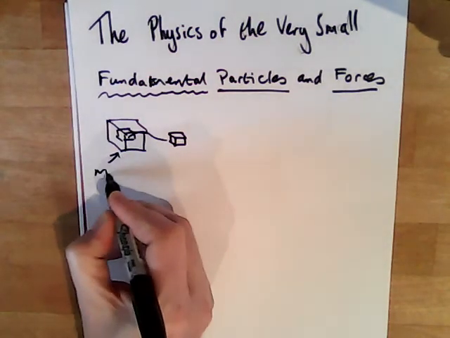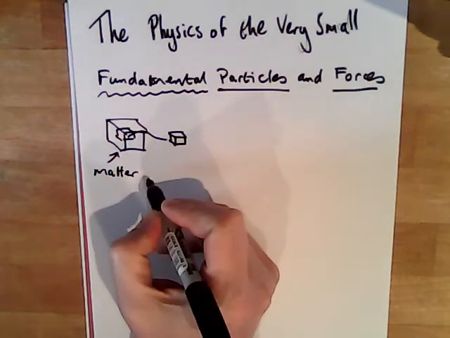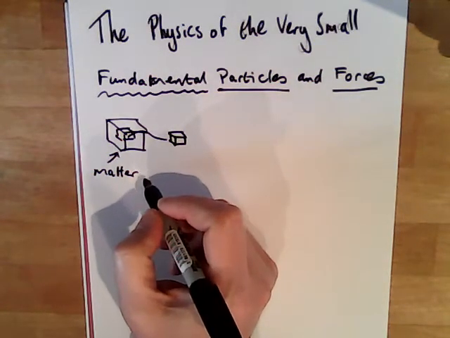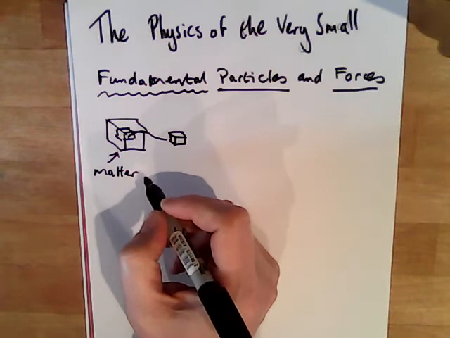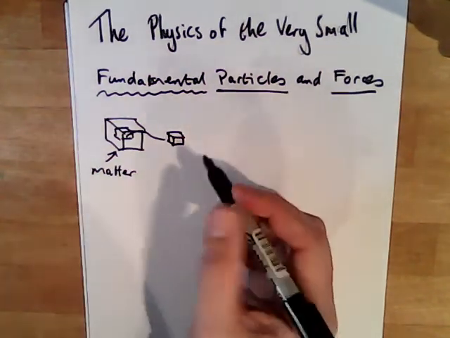This is something made of matter, and matter stuff is something we're very familiar with, but I think we'll be able to work out a definition of matter by the end of this video, or at least we'll be able to understand quite what we mean when we say matter.